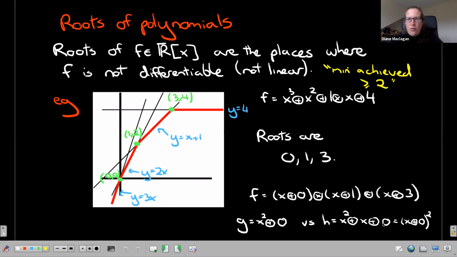There's no place where the minimum is achieved only at x. So these are the same function, different polynomials, and one of them factors, one of them is the product of the roots. Okay, so that's roots. This is looking good though, right? We've got a cubic polynomial and we had 3 roots.